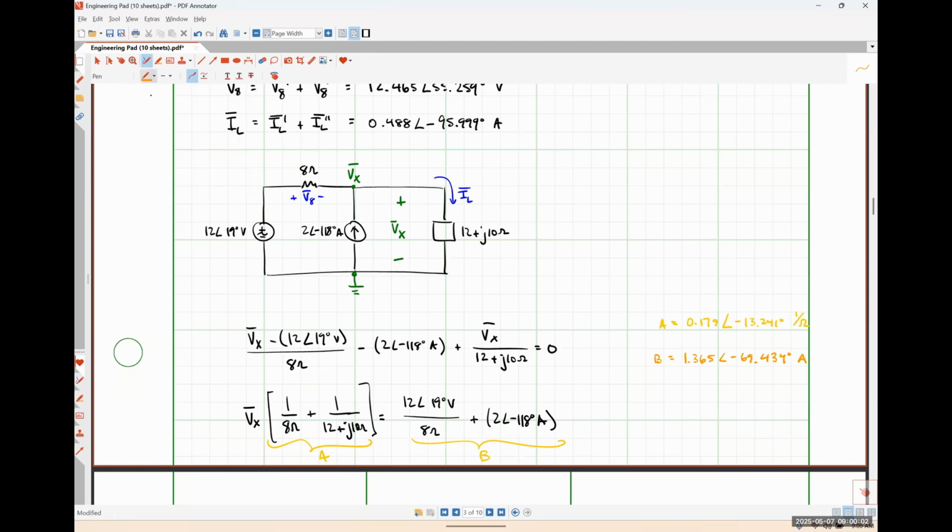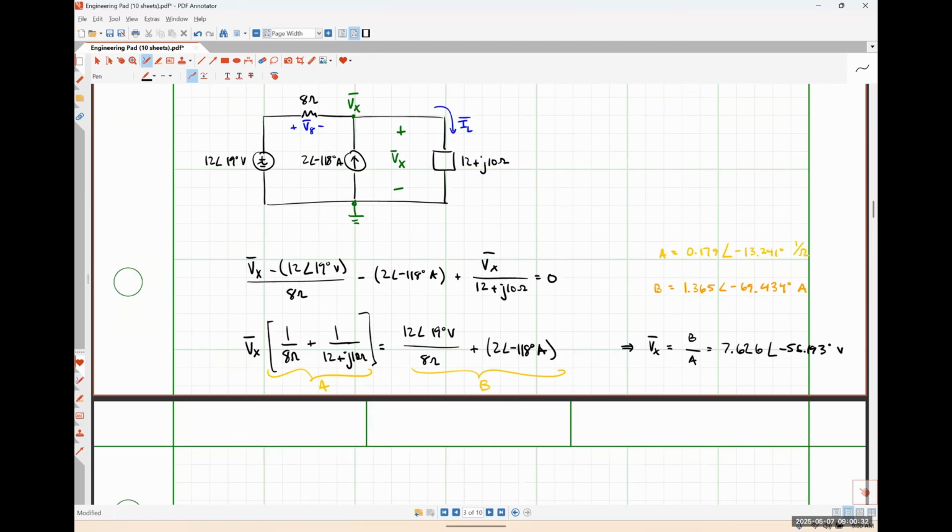And so putting these two results together, I would find that the Vx that I'm interested in is literally just B divided by A, which I got to come out to be 7.626 with an angle of negative 56.193 volts.